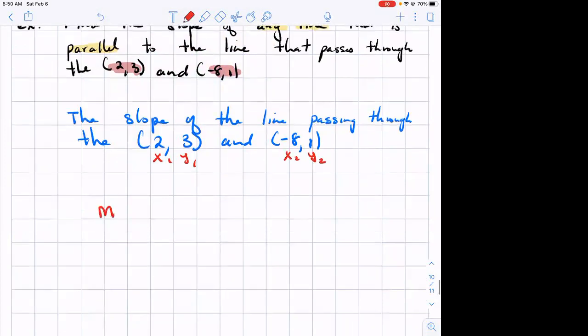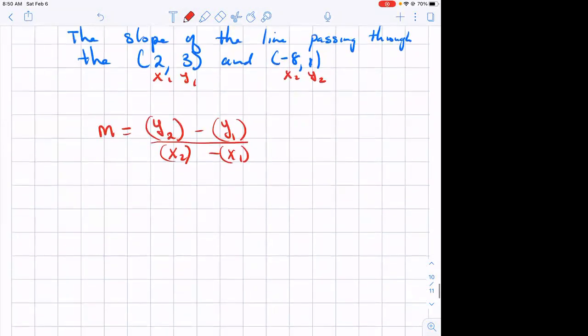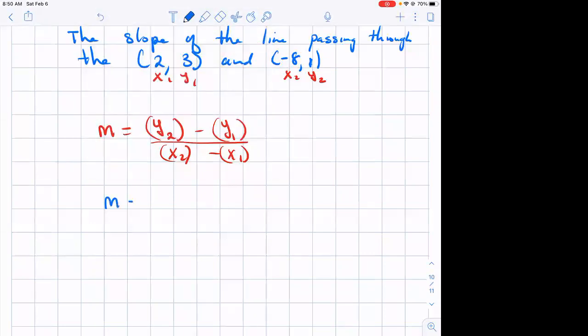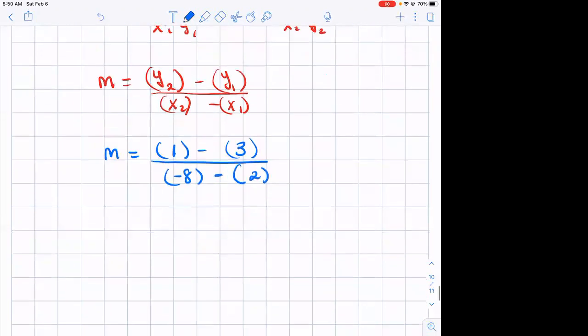And we know the formula: m is equal to y2 minus y1 divided by x2 minus x1. Now we'll plug in the numbers. So m is equal to, instead of y2, I'm going to write 1. Instead of y1, I will write 3. Divided by, instead of x2, I will write -8. And instead of x1, I'm going to write 2.